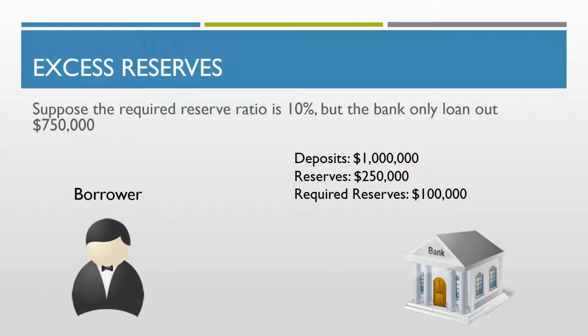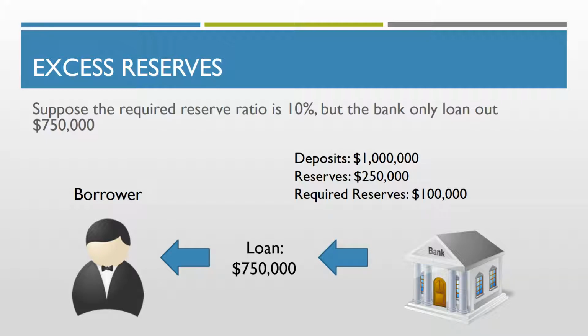Suppose the required reserve ratio is 10% in the United States, but the bank has $1 million in checking deposits and only lends out $750,000 to borrowers. That means the bank is holding $250,000 in reserves.